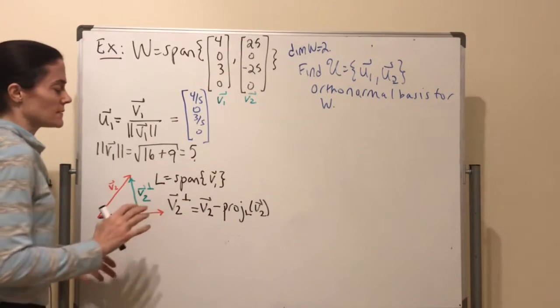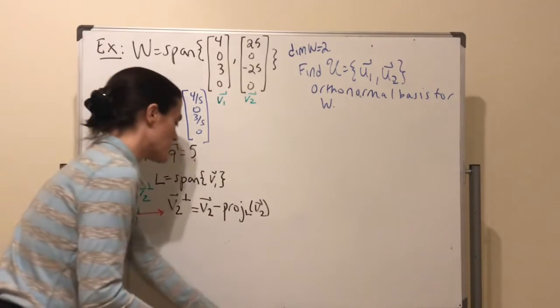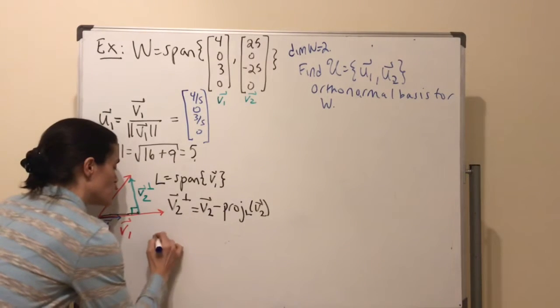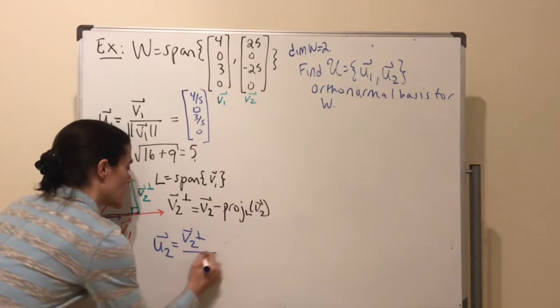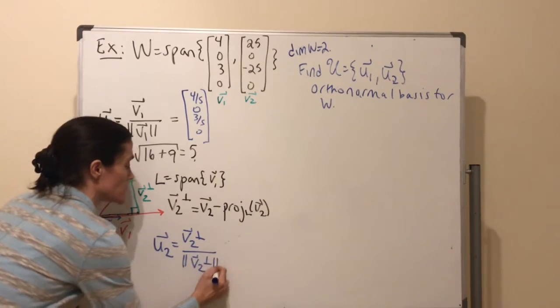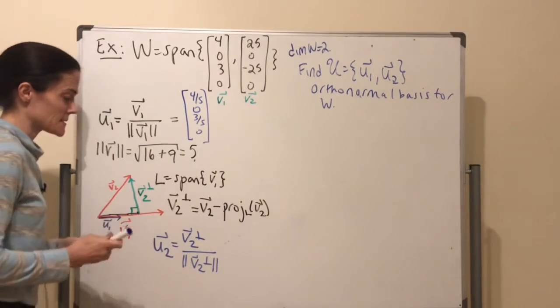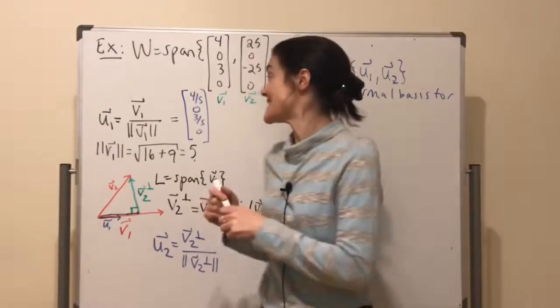So far so good on the orthogonal part, but this is not unit. And so the final step here is we will have U2 is this divided by its length. So this is how we will construct this second element in the basis. Okay, so let's do this now for this example.